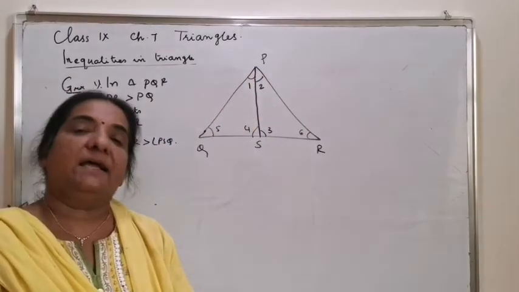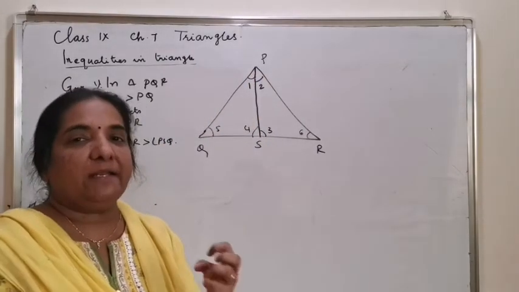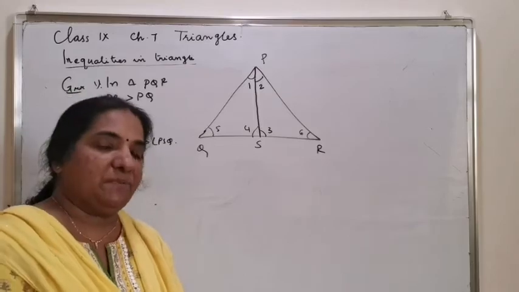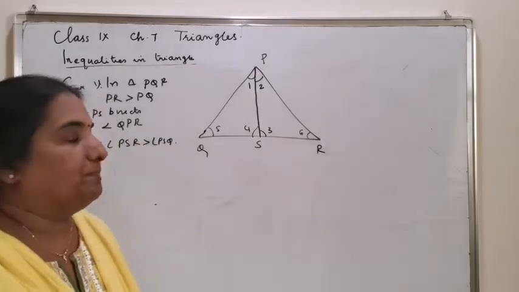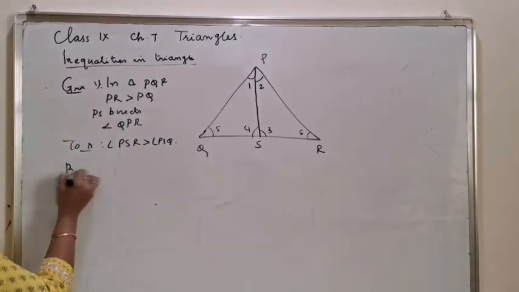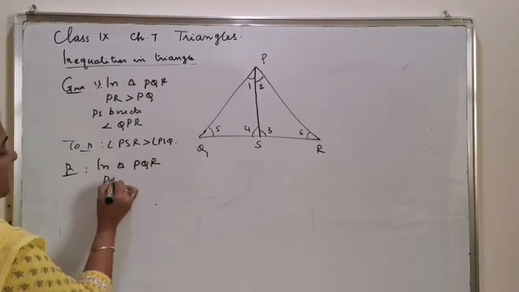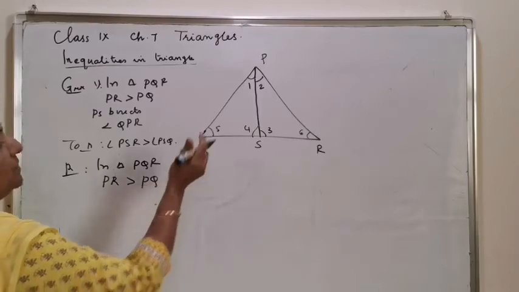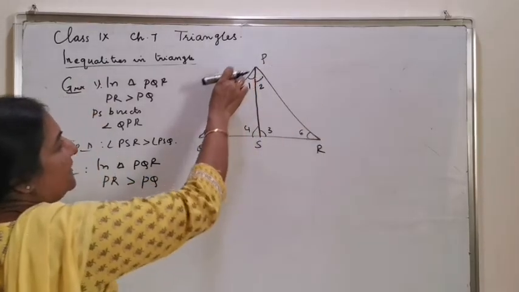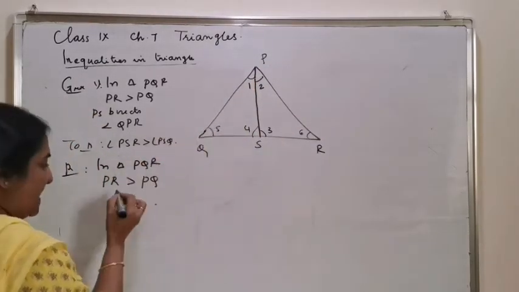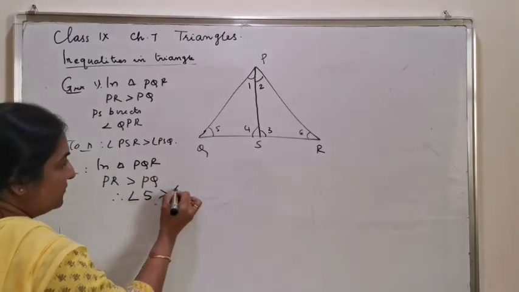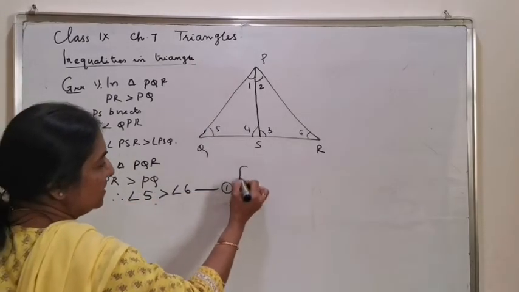Let's apply the angle sum property of a triangle and apply the logical condition as we did in a previous sum. Proof. In triangle PQR, PR is greater than PQ. The length of PR is greater than the length of PQ, therefore angle 5 is greater than angle 6, equation number 1.